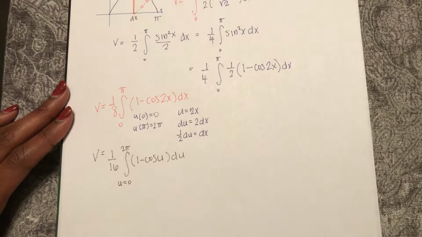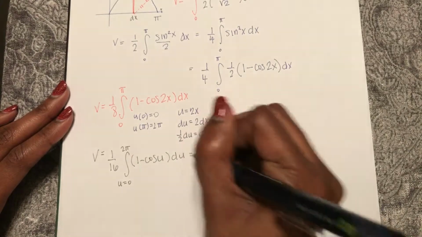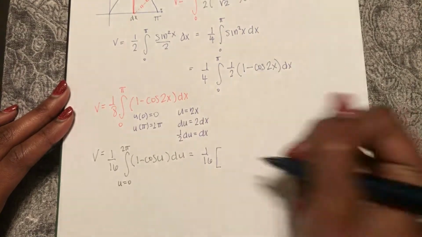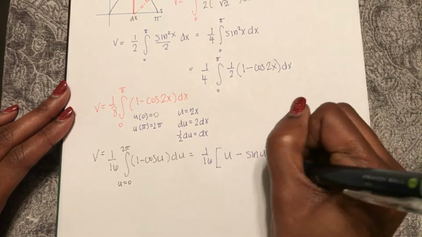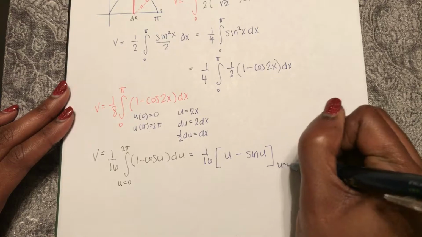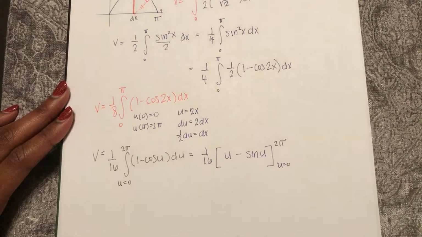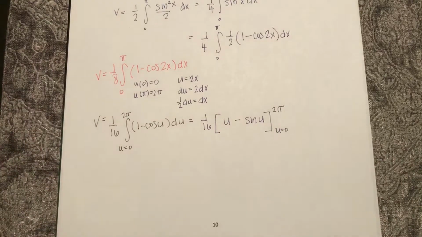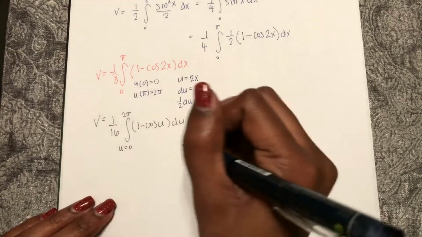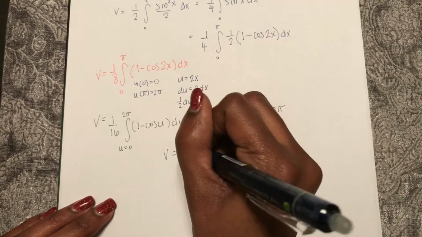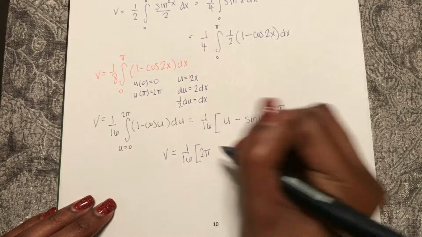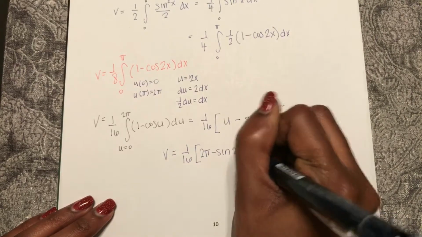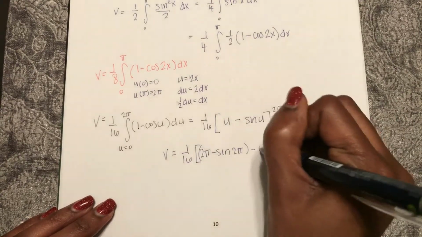So now I can find this antiderivative. This is 1/16 u minus sine u from u equals 0 to 2 pi. So now I can plug in my limits of integration. My volume equals 1/16 of 2 pi minus sine of 2 pi, subtracting 0.